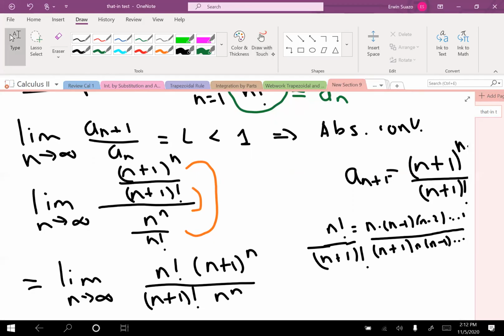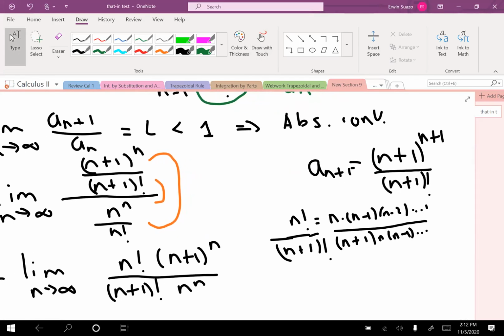Isn't it n plus 1 to the n plus 1 on top?